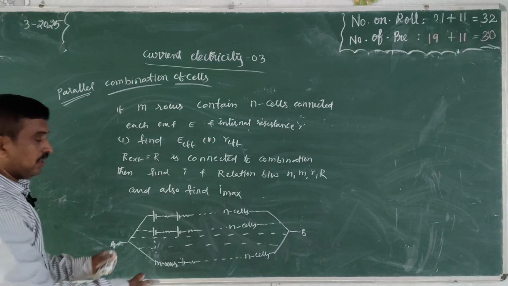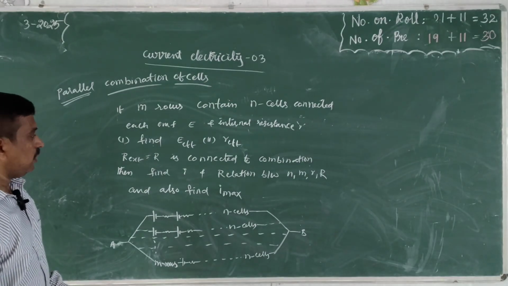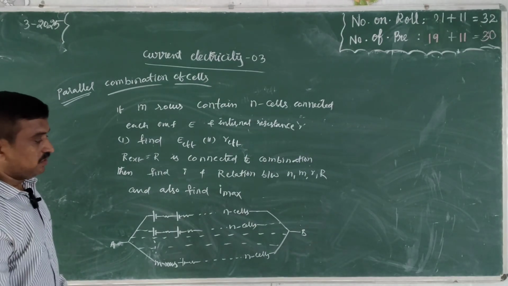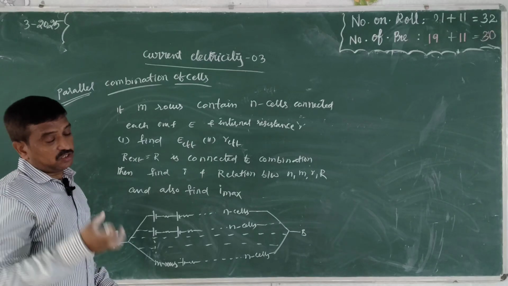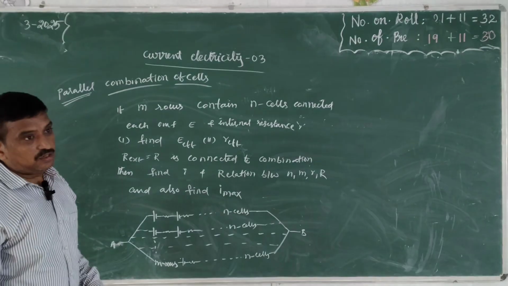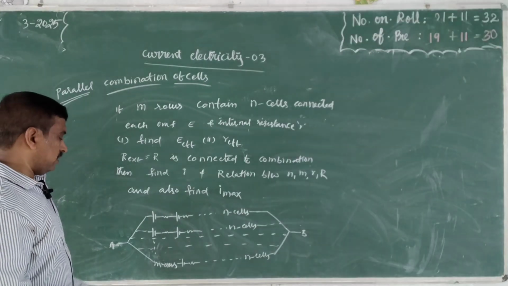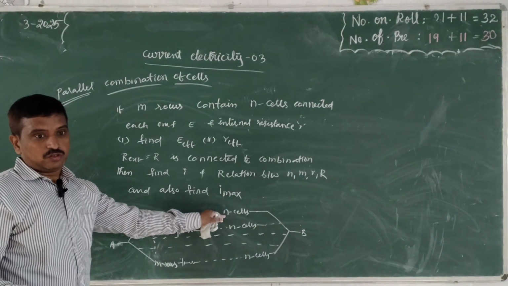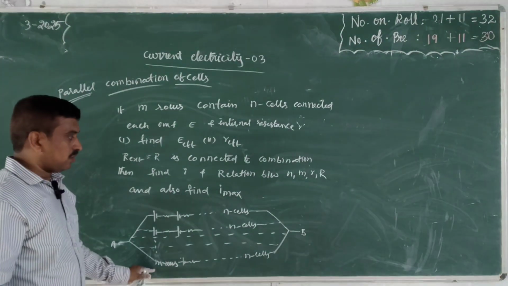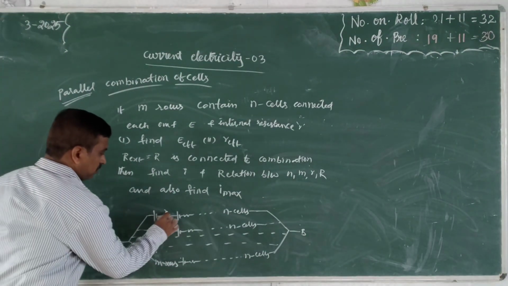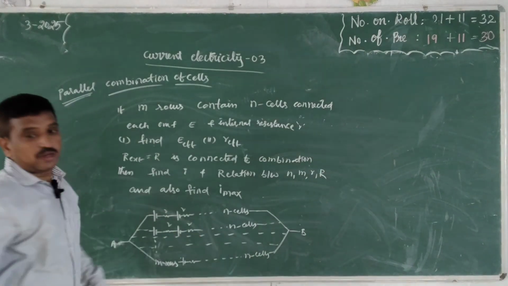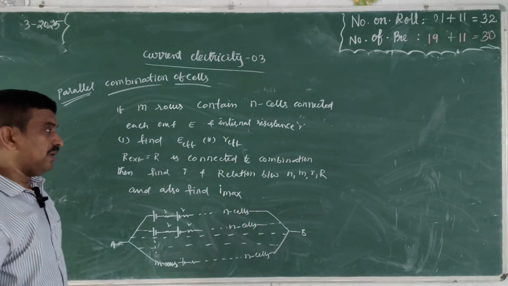In this case, what is the effective EMF and effective resistance when it is connected to external resistor R? Then what is the current? What is the relation between n, m, internal resistance r, and external resistance R? That relation and I maximum we find out.